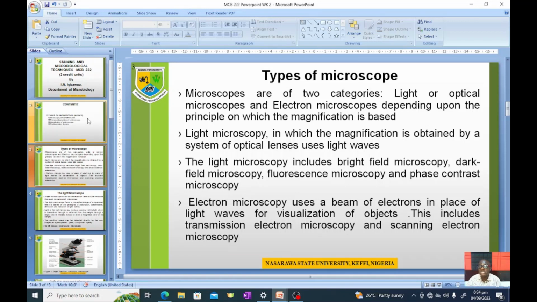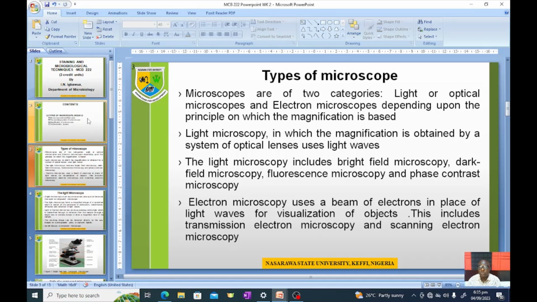That is the basis of the classification, depending as to which magnification the microscope can be able to enlarge the image under observation. Now, light microscope, in which the magnification is obtained by a system of optical lenses, uses light waves.